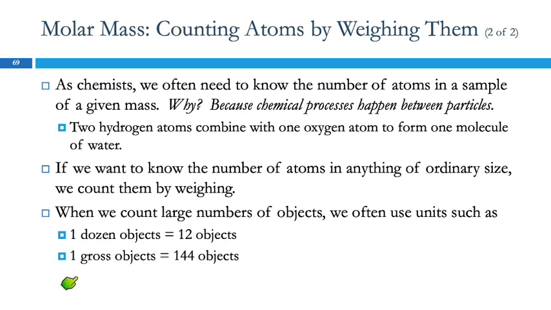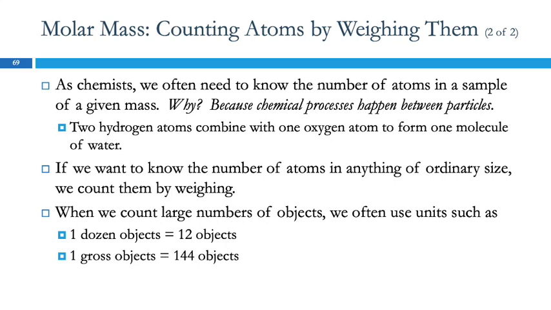Another unit like that is a gross. A gross is a dozen dozen. So if you have a gross of something, you have 144 objects. You're more likely to encounter a unit like that if you work in a warehouse or something. Another counting unit is the ream, a ream of paper.